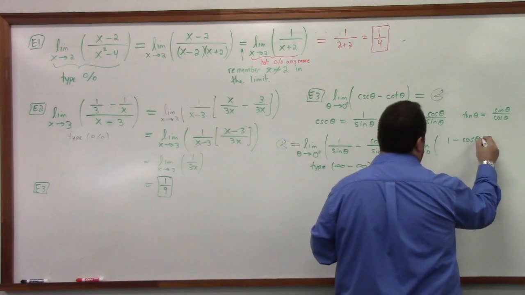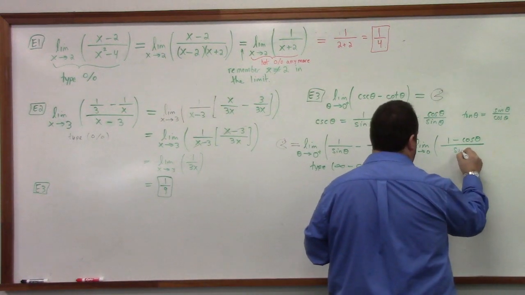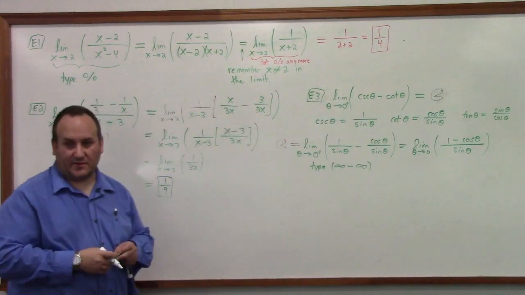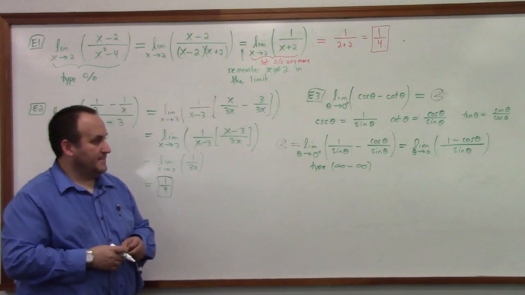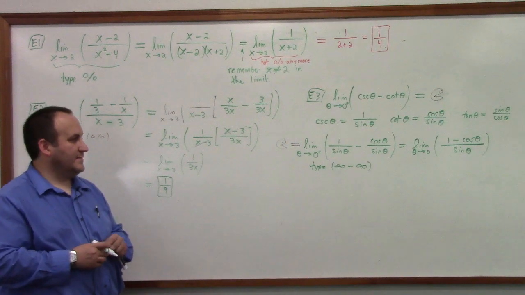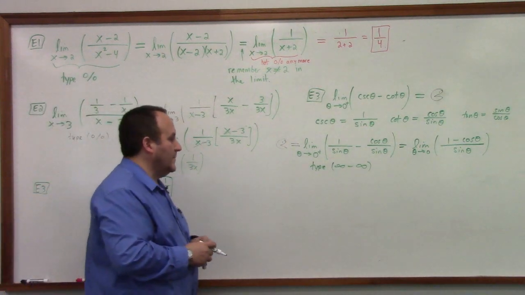We didn't have to work very hard to make a common denominator this time, did we? Because it was just there. We just had to understand it, right? And then what? 1 minus cosine is equal to, like, sine squared theta or something?